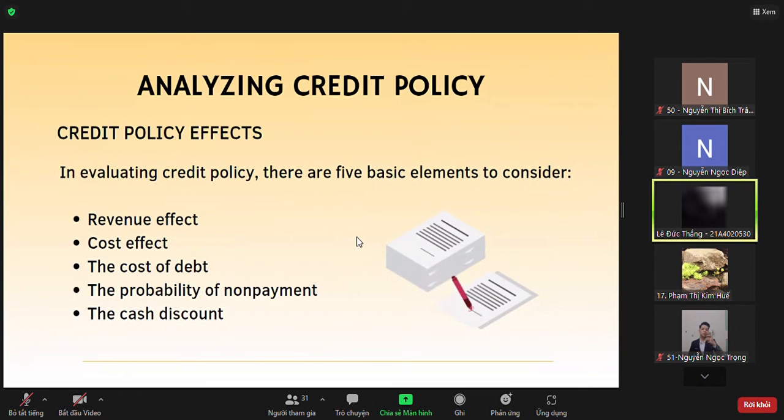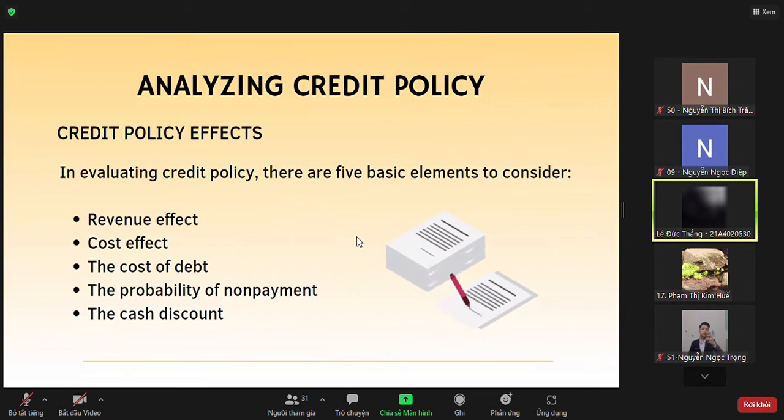The probability of non-payment is considered if some percentage of credit buyers will not pay, and if this cannot be avoided, the firm will decide to sell for cash. And the cash discount: when the firm gives a cash discount to customers, some customers will choose to pay early to take advantage of the discount.